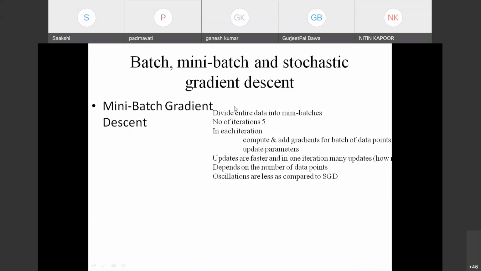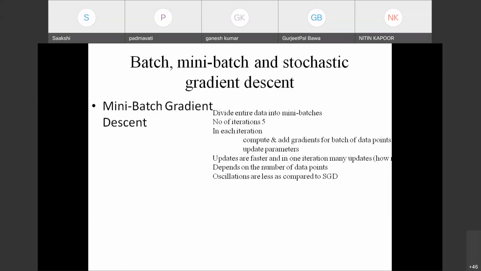I will divide my entire data into a number of mini batches, and in each iteration compute and add the gradient for a batch of data points. In the first case, we compute for the full data set. In stochastic gradient descent, we compute the gradient for only a single item and update.